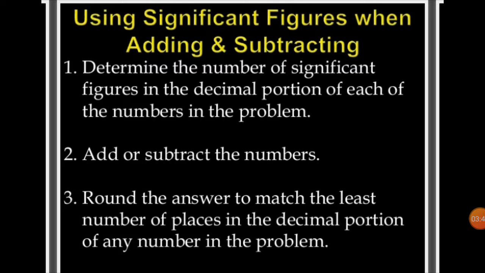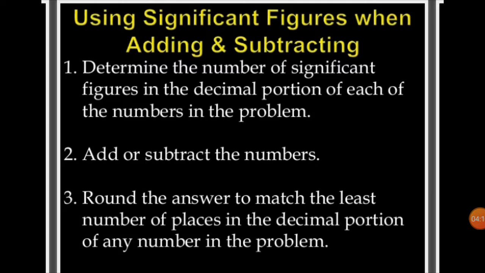Now, using significant figures when adding and subtracting. The first rule is determine the number of significant figures in the decimal portion of each of the numbers in the problem. Second, add or subtract the numbers. And third, round the answer to match the least number of places in the decimal portion of any number in the problem.